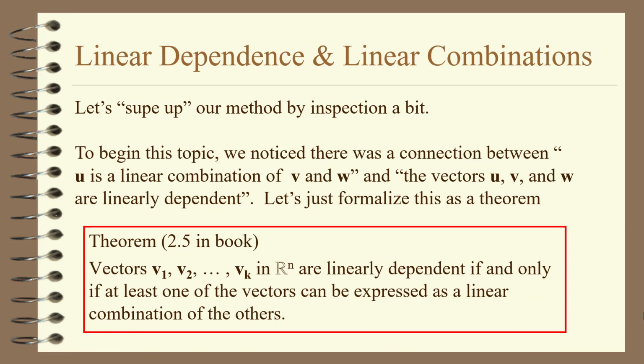The vectors V1, V2, up to Vk in Rn are linearly dependent if and only if at least one vector can be expressed as a linear combination of the others in that set. You can also, if you want, say it's a linear combination of the vectors that occur before it, because you can just reorder the vectors to make that true.